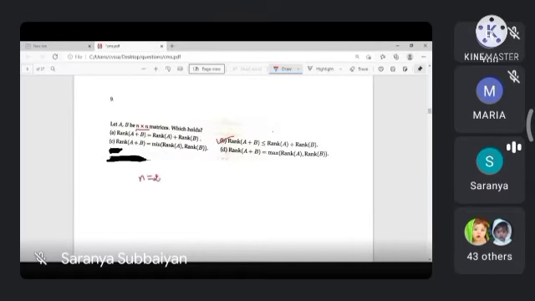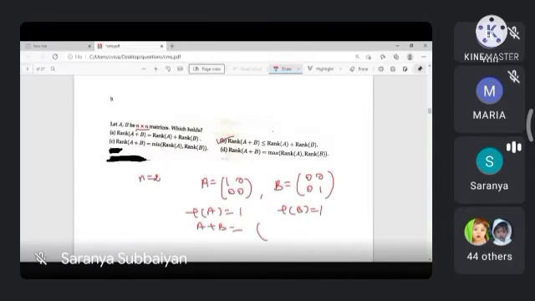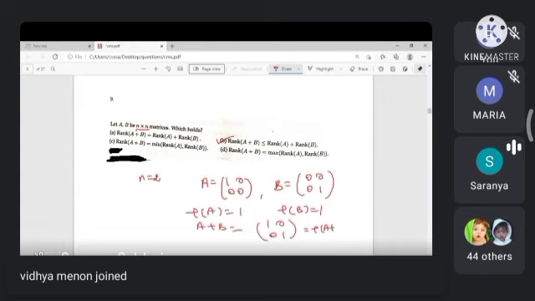Take n is equal to 2. Suppose I am taking A matrix 1, 0, 0, 0 and B matrix is 0, 0, 0, 1. What is rank of A? 1. Rank of B also again 1. What is A plus B matrix? It is identity. Rank of A plus B is 2, right?